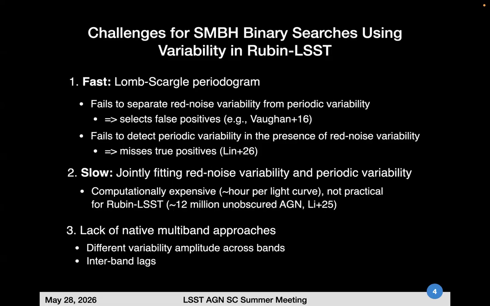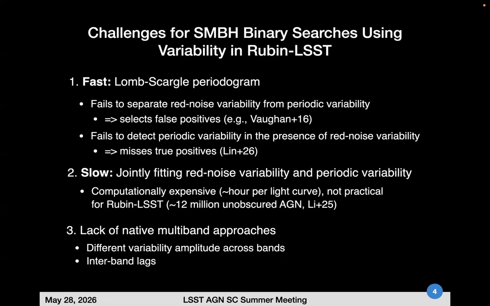Hopefully we're all convinced that we should do this kind of search using Rubin data. And there are so many challenges. I will just give a quick summary first. In the past, people have used Lomb-Scargle to look for periodicity in quasar light curves, but it's known to be an issue because the null assumption in Lomb-Scargle is white noise.